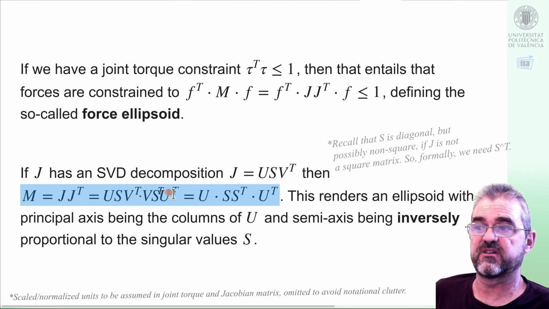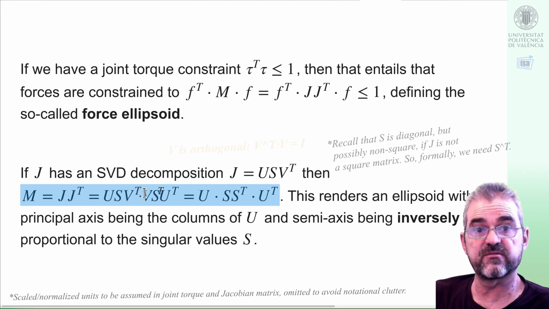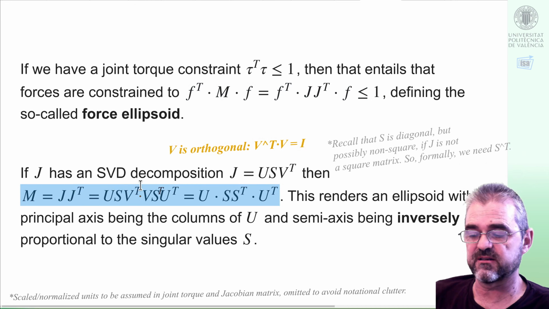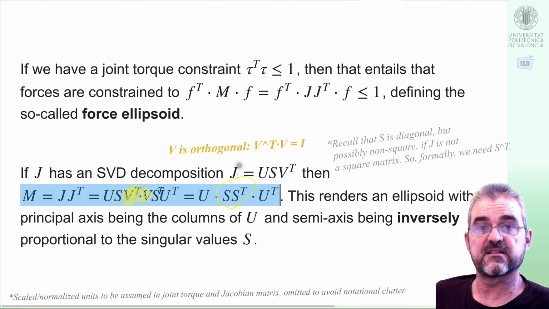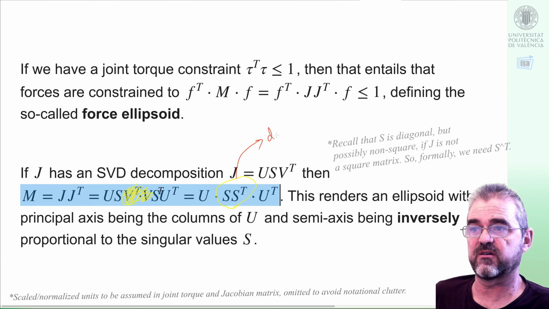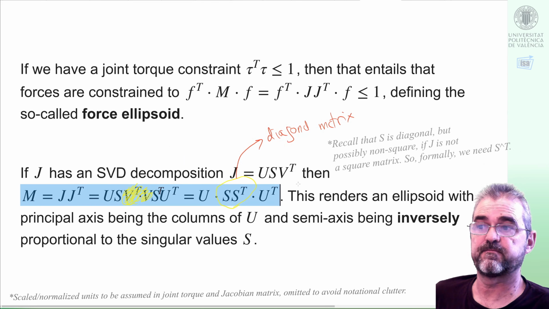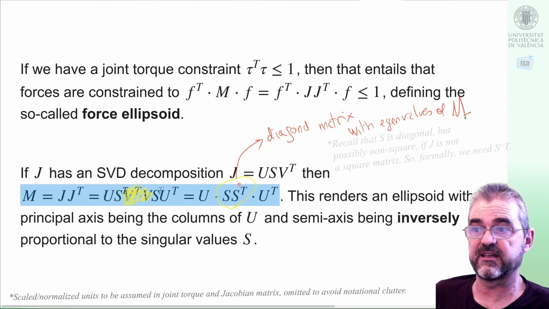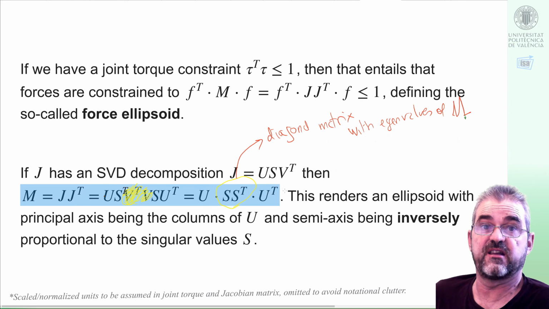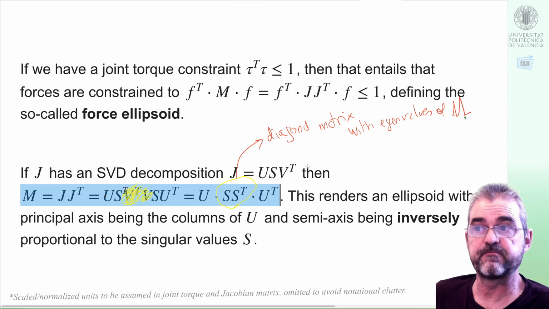We have this expression, and as V transposed is the inverse of V because V is an orthogonal matrix, they cancel out. And so this S S transposed is a diagonal matrix, and in fact it contains the eigenvalues of M, because orthogonal, diagonal, orthogonal transposed is the eigenvalue, eigenvector decomposition.